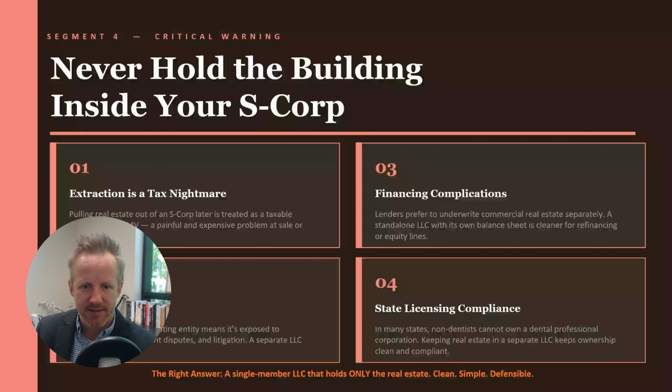The problem is that now your practice has your dental office as an asset. It's checking accounts, it's chairs, it's got your credit card accounts, the loans to buy the practice, loans for other things. And then it also has the building as an asset and the building loan as a liability.